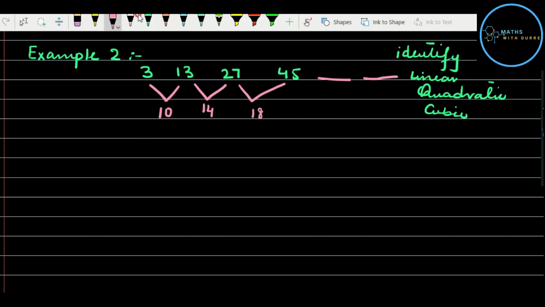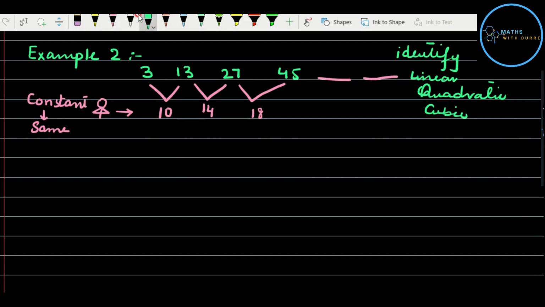We need to stop here and cross check. Is this a constant difference? Means the same. So we know that 10, 14 and 18 are different numbers. This is not the same number. Means the value is not constant.